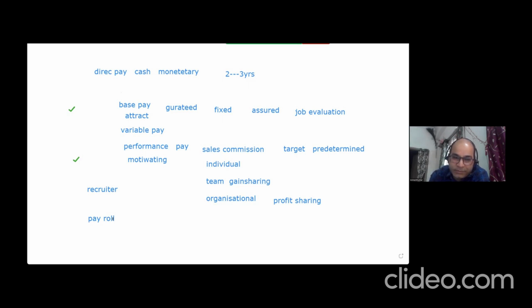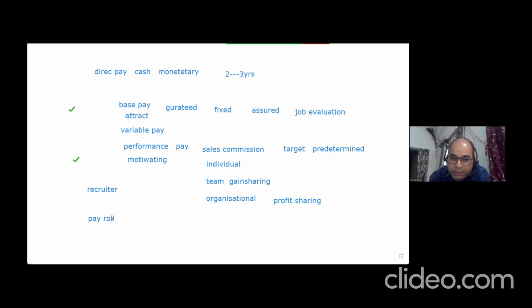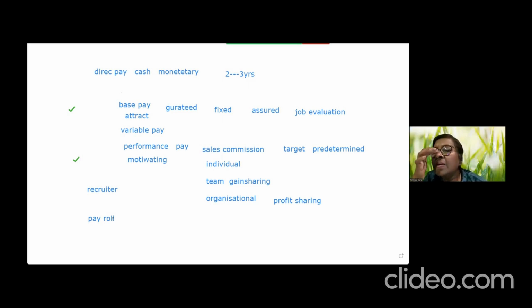If he closes the position in 60 days, and his fixed salary is 50,000 per month, what should be the base so that we can plan an incentive for him or her, and how can we do that?